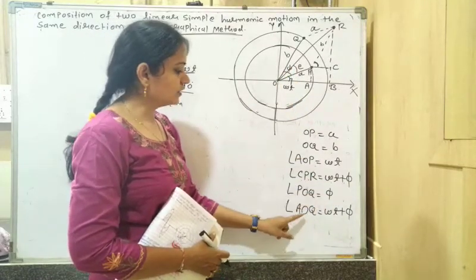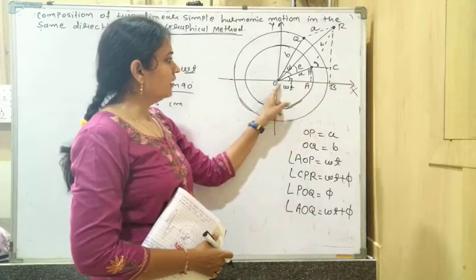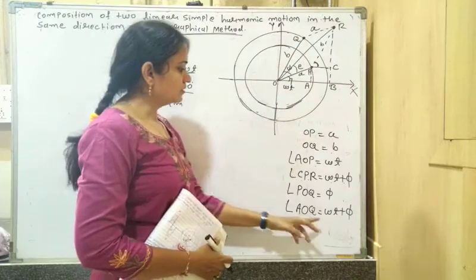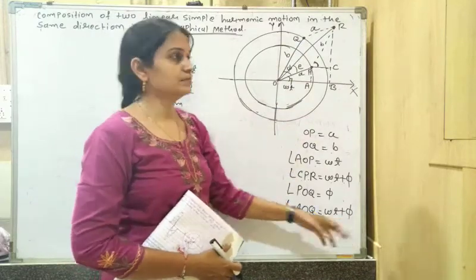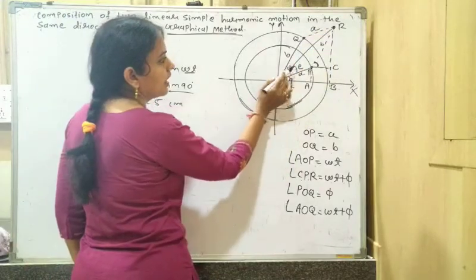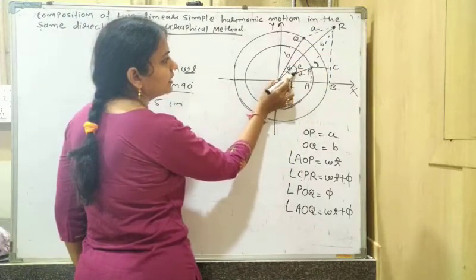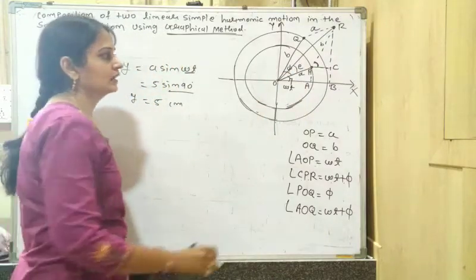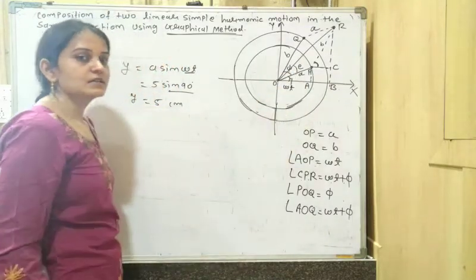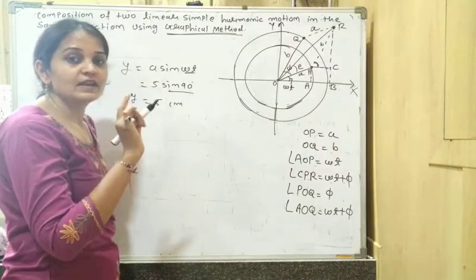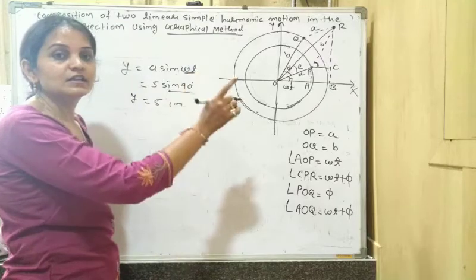And the last one, AOQ, this whole angle, is also omega t plus phi. Now in this parallelogram, the value of the angle is small e. Small e represents the final phase of our resultant vector.